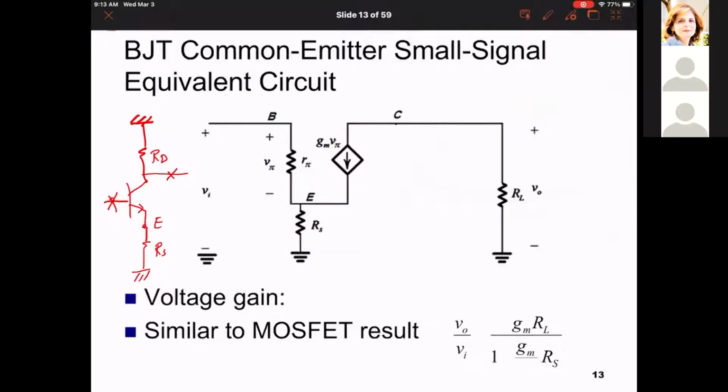For the BJT we said the equation in the absence of RO is minus GM RD over 1 plus GM over alpha RS, where alpha is equal to beta over beta plus 1. So I will find the gain from this point to this point, and it will be a function of GM, a function of R load, which is RD in this case, which is the resistance seen at the node C, and a function of RS. Okay, is the equation clear to you all?